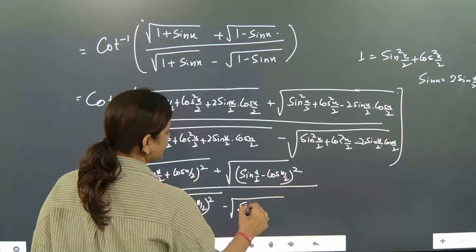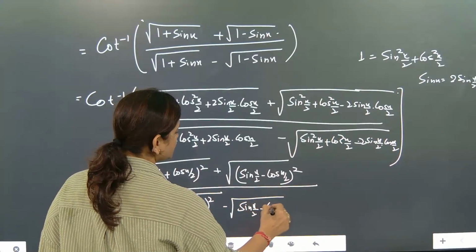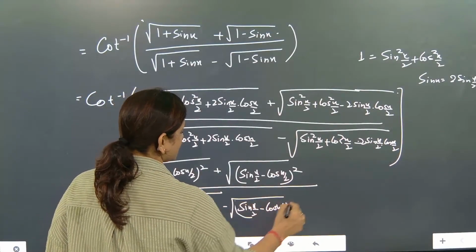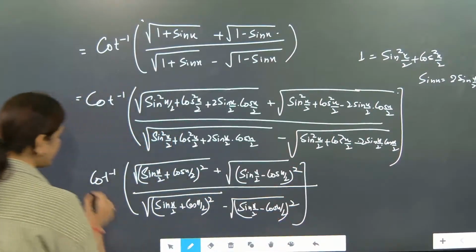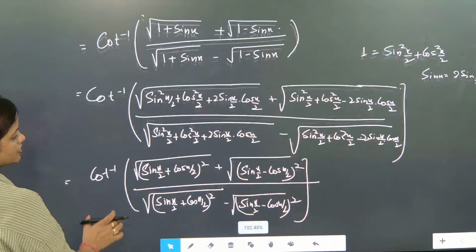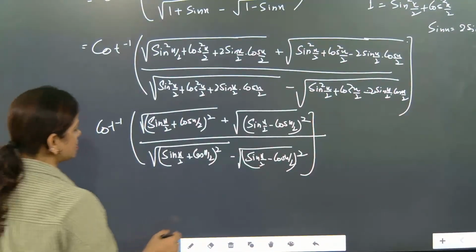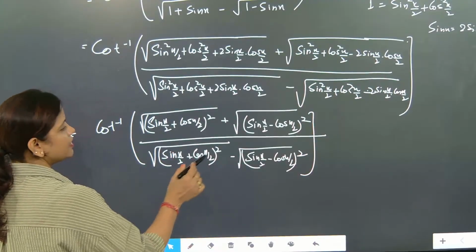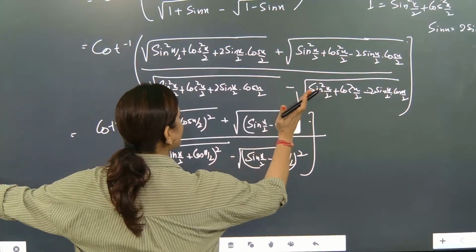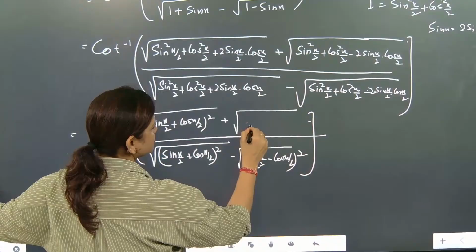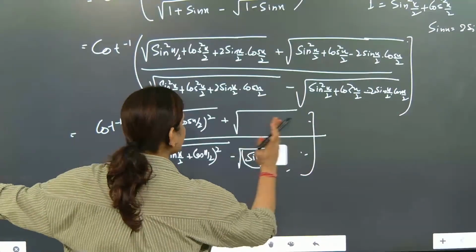Now here it will become sin x by 2 minus cos x by 2, and that is cot inverse coming. So once we are writing like this, first part, we need to understand here. So a minus b, a plus b also format can be possible.